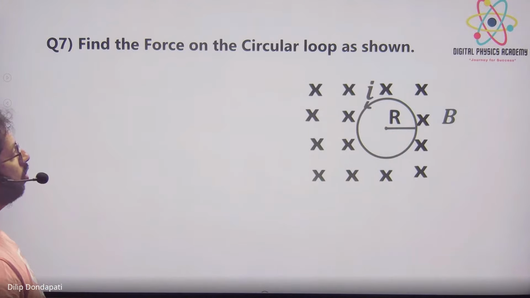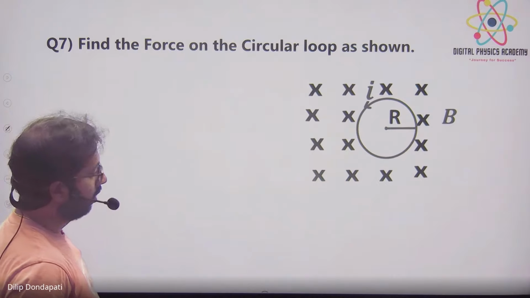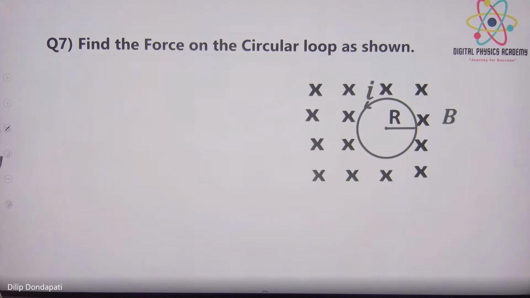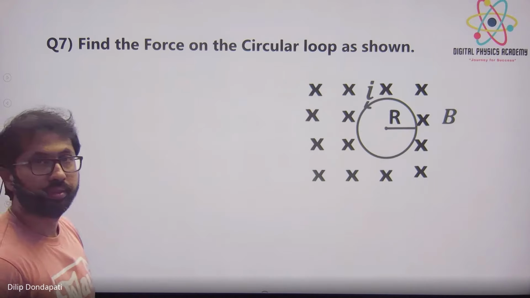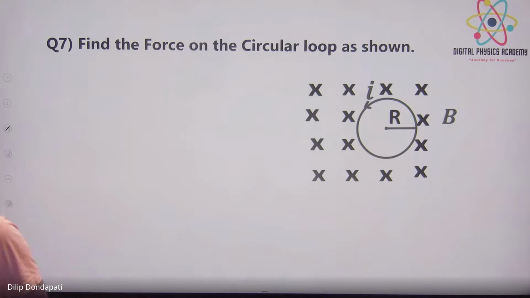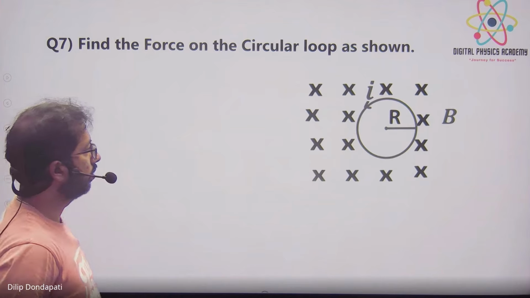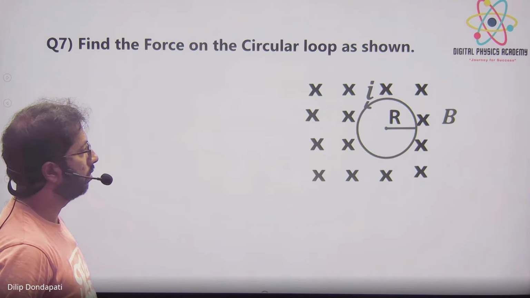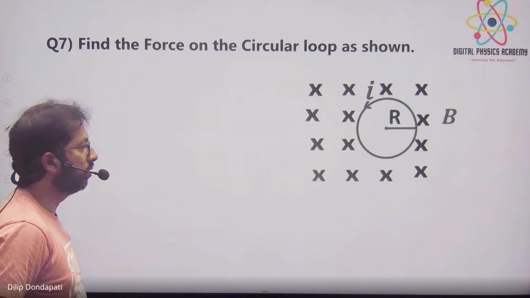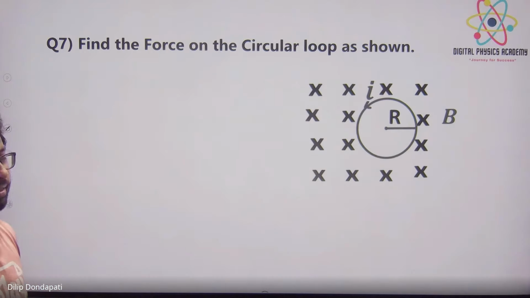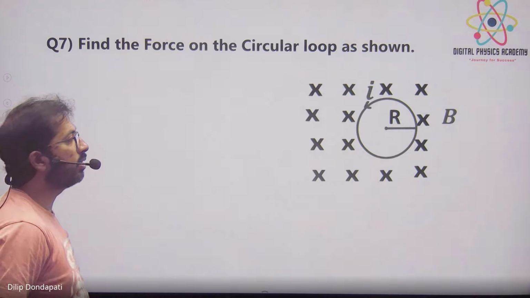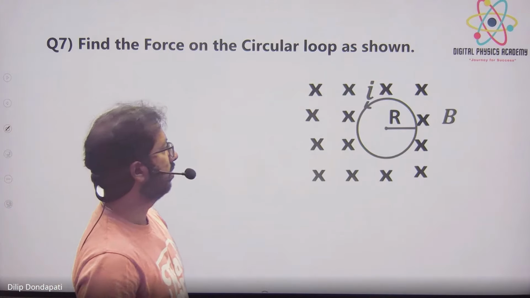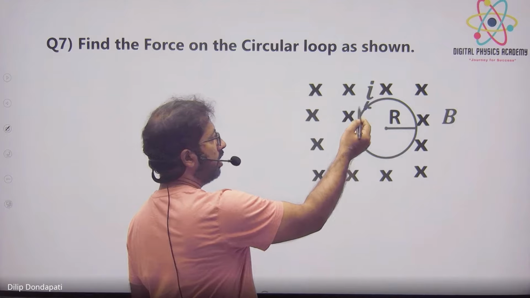Find the force on a circular loop as shown. What is the displacement length of this?